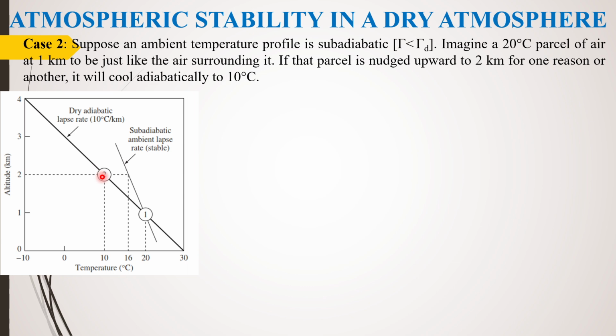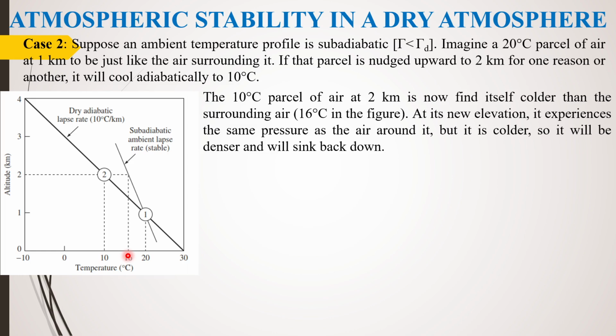But as the atmosphere is subadiabatic, the surrounding environment temperature would be 16, that is warmer than the parcel. So the 10 degree air parcel at 2 kilometers now finds itself colder than the surrounding. At this new elevation, it experiences the same pressure as the air surrounding it, but as it is colder, it will be denser and sink back down here.